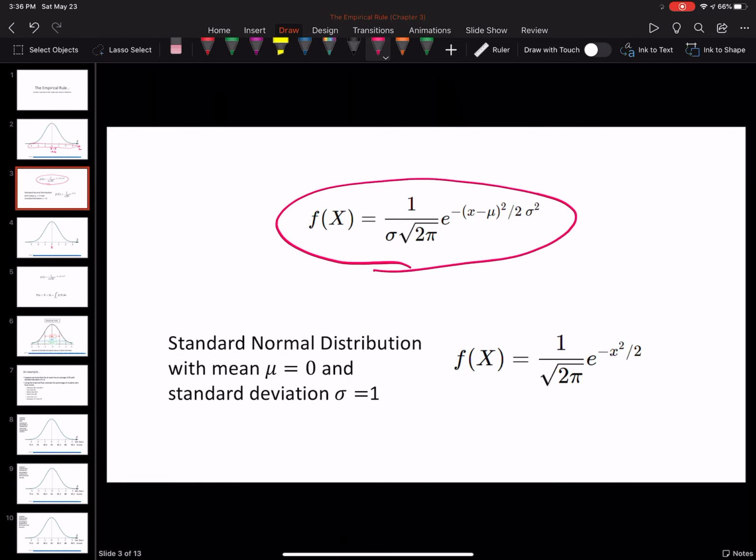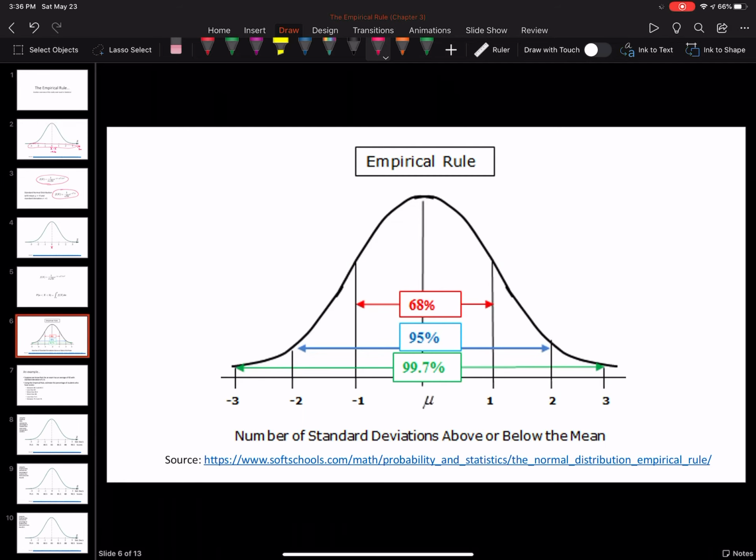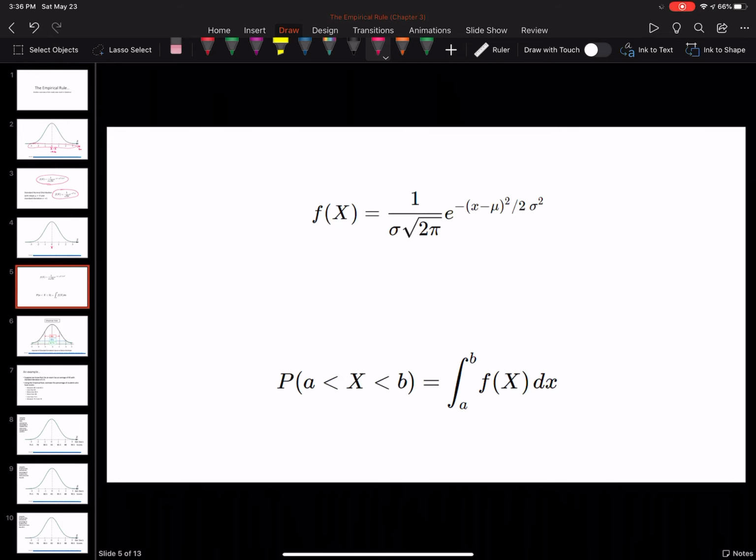Now, when we put in mu equals 0 and sigma equals 1, we actually get a nicer looking function here. We call this one the standard normal distribution, and that's important in chapter 6. But the reason I bring this up is that in order to get these percentages, the 68, 95, 99.7 rule, we actually need calculus. So there's the integral.